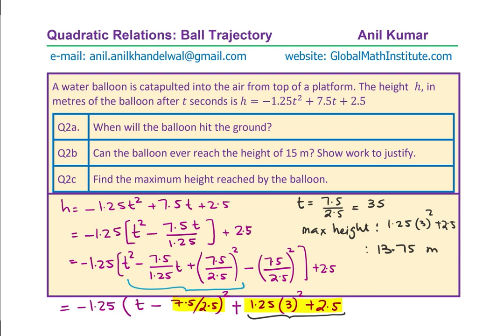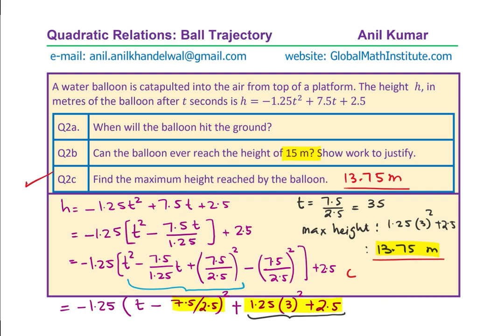But the question wanted to check if it ever reaches 15 meters, correct? It doesn't reach that. So maximum height is 13.75. You can write this down as your answer for part C. Find the maximum height reached by the balloon. Maximum height is 13.75 meters. Is that correct? That is how you'll do it, right?